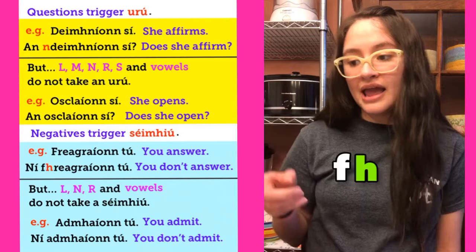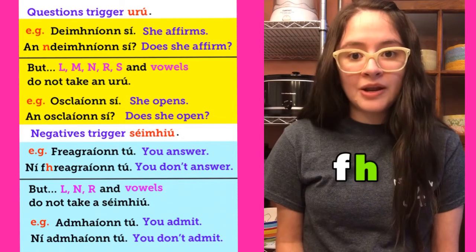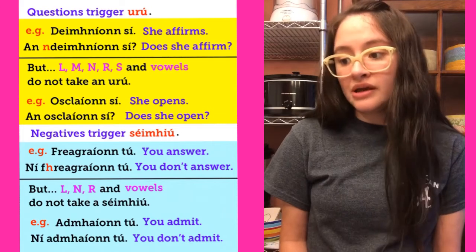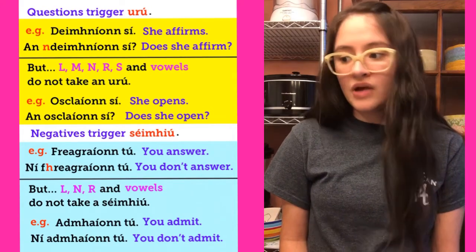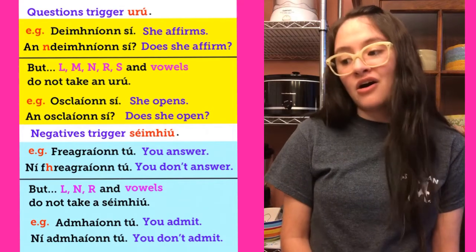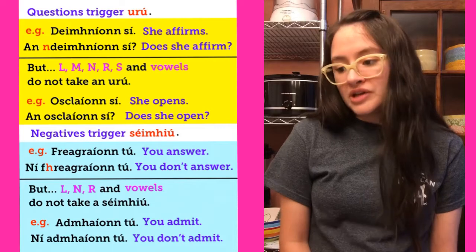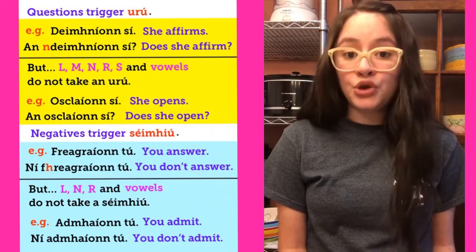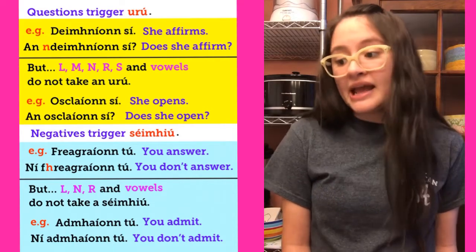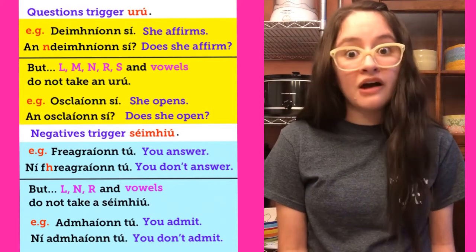We added an H after the F. In Irish, the FH combination is silent, so it would be 'reagraíonn, ní fhreagraíonn tú, you don't answer. But L, N, R, and vowels do not take a séimhiú. So for example, admhaíonn tú, you admit. Ní admhaíonn tú, you don't admit. Nothing happened to it because it starts with a vowel. I told you that'd be an easier one.